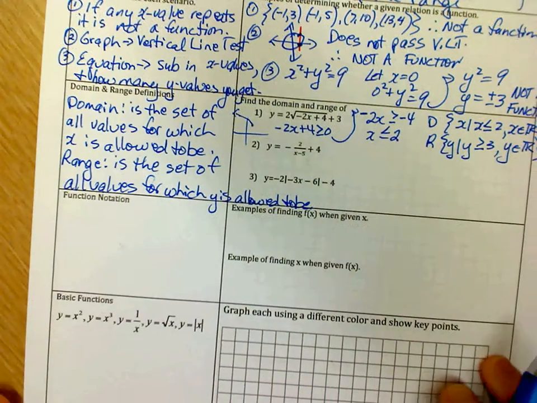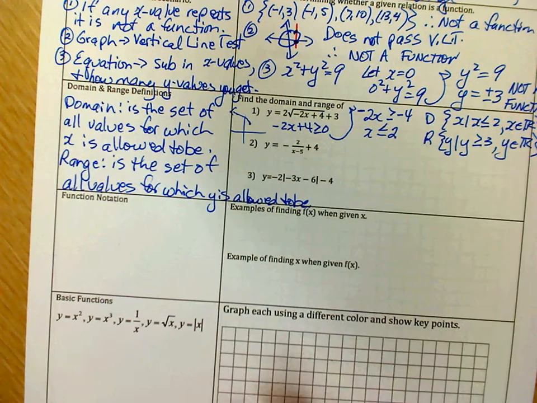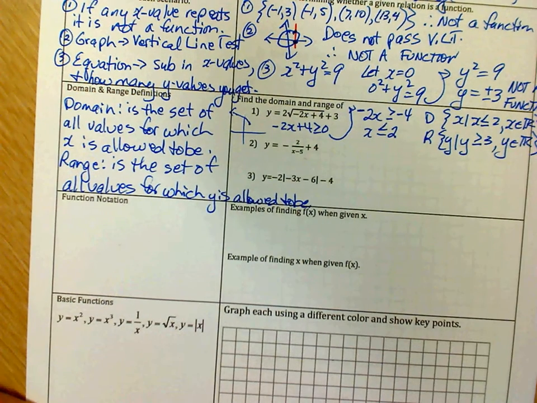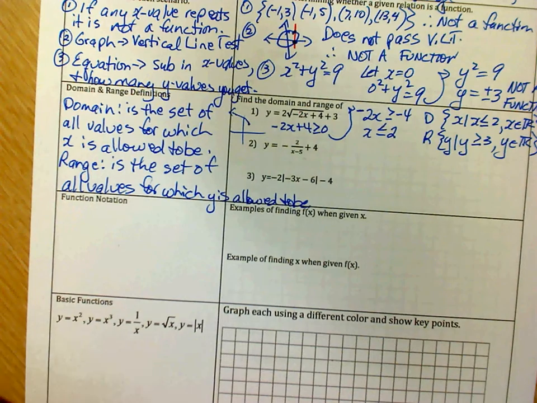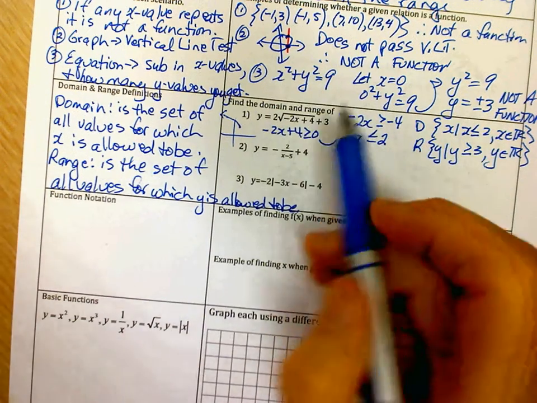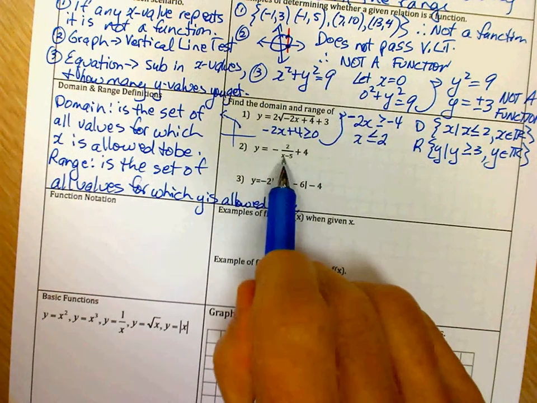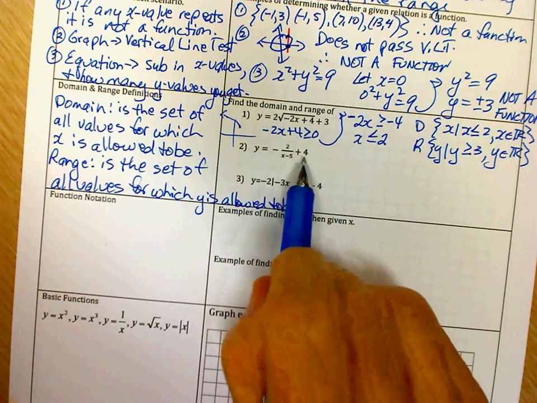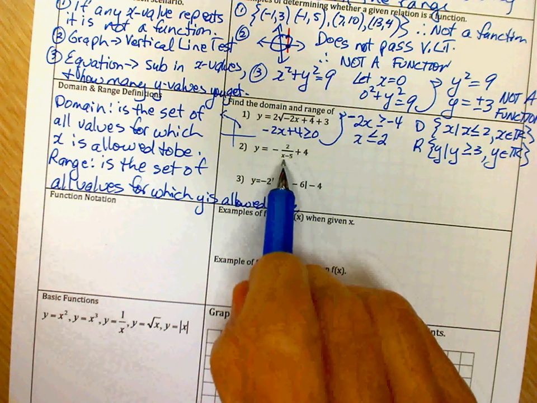Let's now look at this function. I'm just going to get some scrap paper ready in case I want to explain something further, because this is a little tight. Now, if we look at this reciprocal function, notice that we cannot divide by 0.